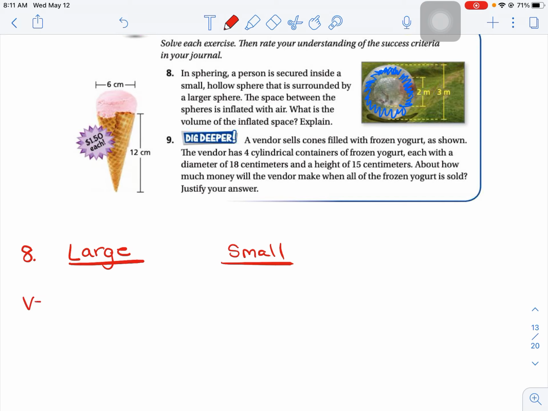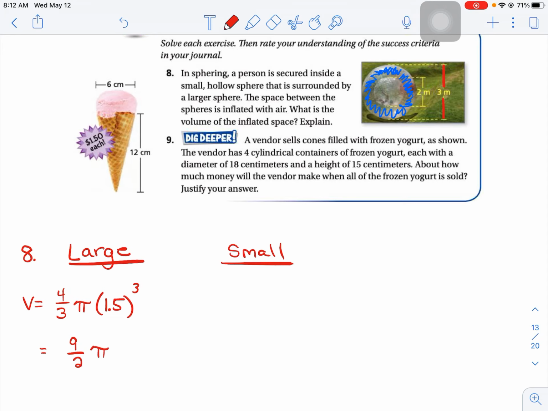My large sphere volume would be 4/3 pi. If the entire piece here is 3, my radius would be 1.5 cubed. I can simplify that, and I ended up with 9/2 pi.